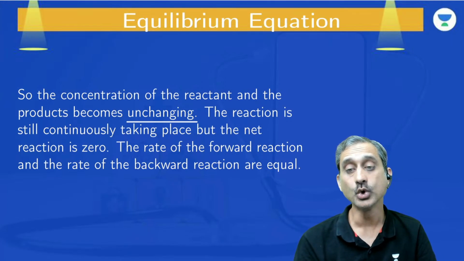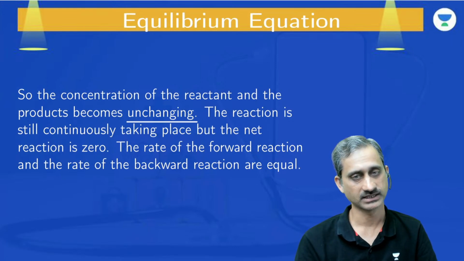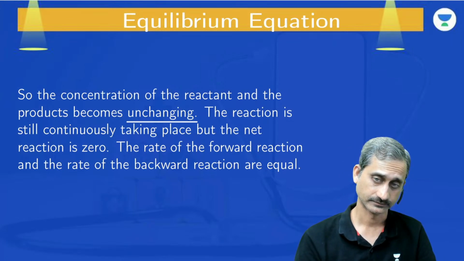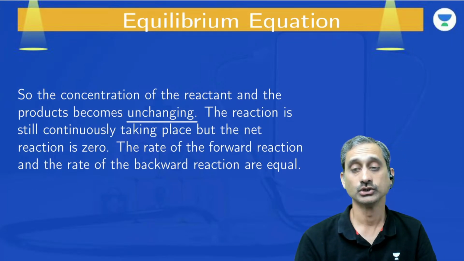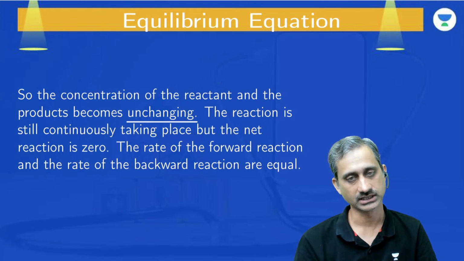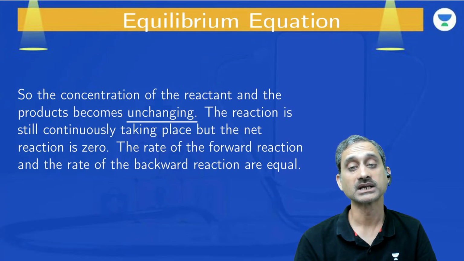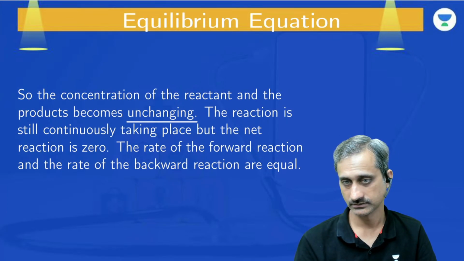Yes, no net change takes place. It's not that the reaction is not taking place. The only thing is no net reaction is taking place. The rate of the forward reaction and the rate of the backward reaction become equal.